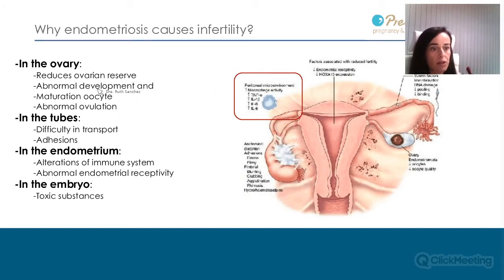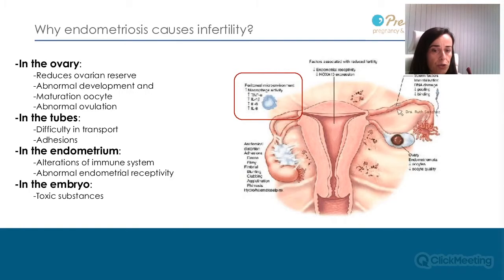That makes the ovulation not normal. If it affects the tubes, it makes the transport of the oocytes and the transport of the sperm difficult, because of the adhesions that it causes in the tubes.